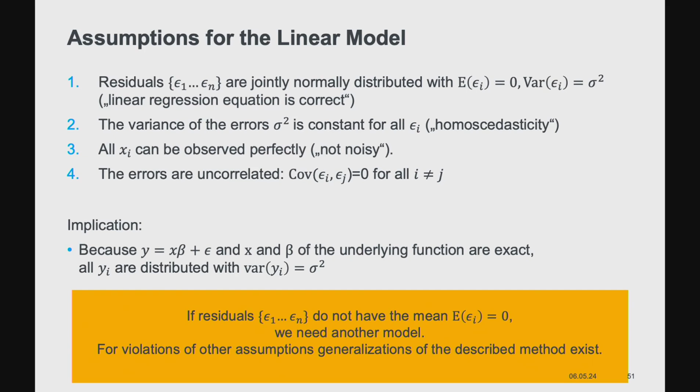And if now our residuals do not have a mean value of 0, then we need another model. So basically we are not able to arrange our model in such a way.